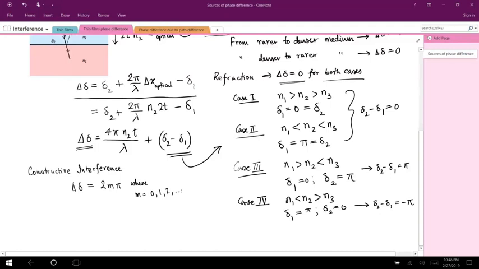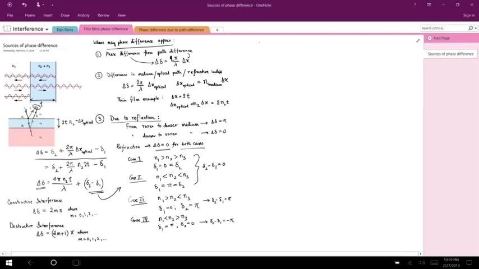On the other hand, for destructive interference, this same quantity delta has to be some odd integer multiple of pi, so it has to be (2m plus or minus 1) pi, where again m is equal to 0, 1, 2, etc. So now, putting all of this together, we find the relationships for constructive and destructive interference as follows.